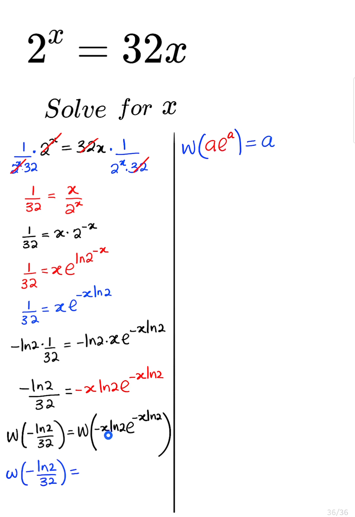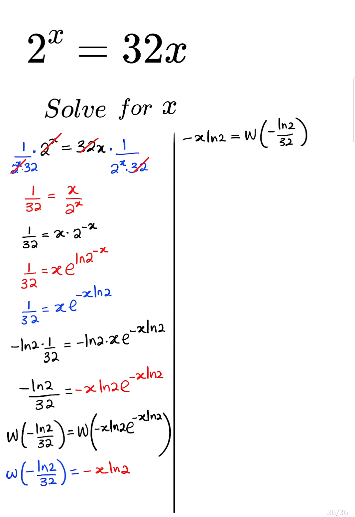So the output here will now be negative x ln 2. So let us just rearrange at this point. We have negative x ln 2 equals W of negative ln 2 all over 32.